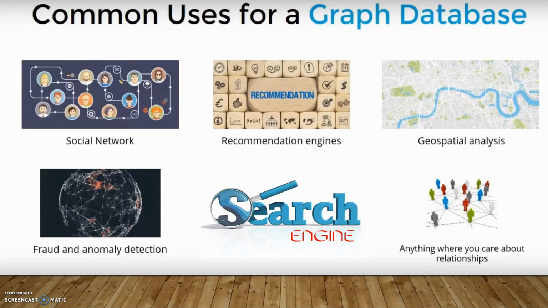With the help of this graph database technology, a search engine can analyze billions of records easily and display the result to you quickly. So the graph database is used in all those use cases where there are multiple relationships in your data.